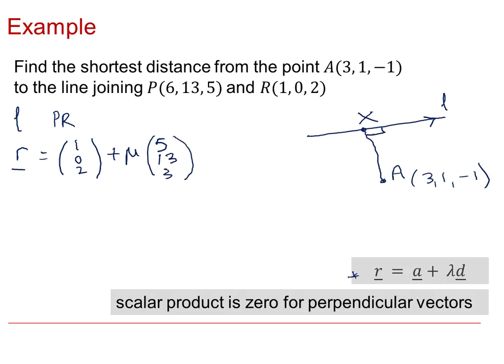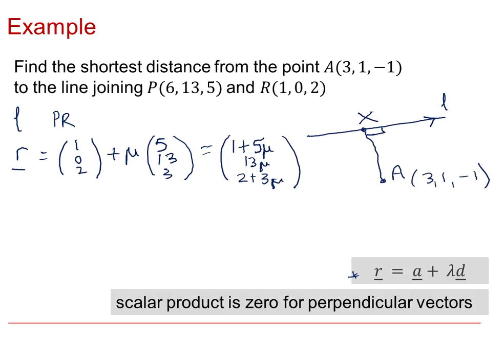We've kept those positive because of course the parameter mu can take negative or positive values. And we can then write x, y, z components as 1 plus 5 mu, 13 mu, and 2 plus 3 mu. So this is the vector equation for our line L.